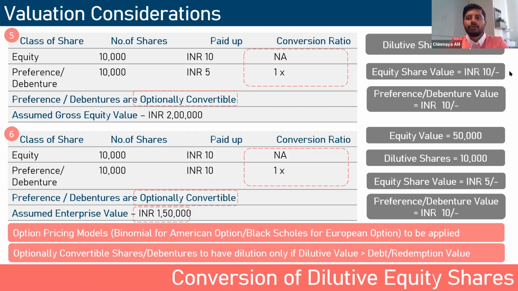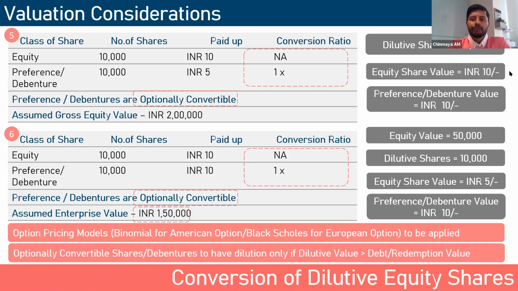So here, what we need to do is take the dilutive number of shares as the actual number of shares itself, irrespective of the fact that at what price it will be converted, and then arrive at the value as enterprise value divided by number of shares. However, here we are assuming that the debentures are fully convertible, and optionality we are not giving cognizance to.